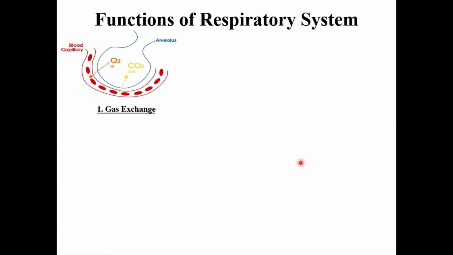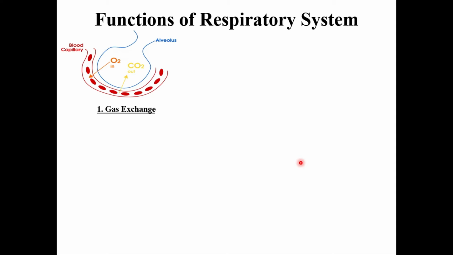First of all, gas exchange. How does the respiratory system help to exchange gases between blood and lungs? The respiratory system is responsible for moving air to and from the exchange surfaces of the lungs. There are three main gases of air, which include nitrogen, oxygen and carbon dioxide.